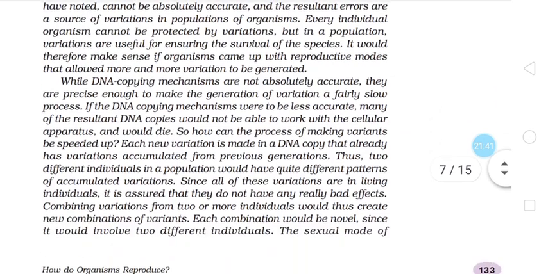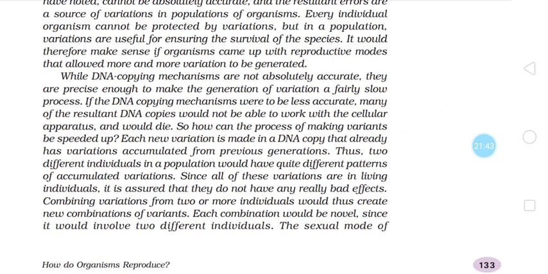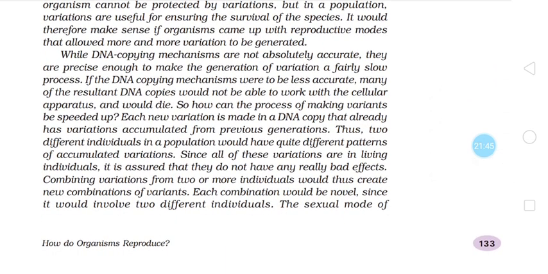While DNA copying mechanisms are not absolutely accurate, they are precise enough to make the generation of variations a fairly slow process. If the DNA copying mechanism were to be less accurate, many of the resultant DNA copies would not be able to work with the cellular apparatus and would die.